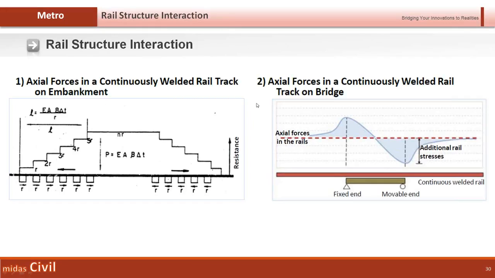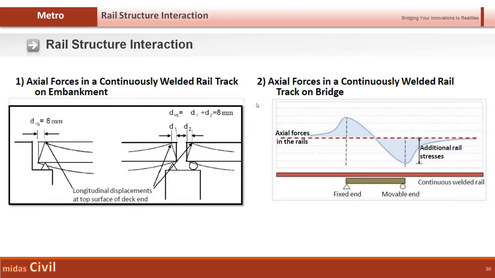To explain this graph, let's consider this. Due to temperature, the deck will try to deform in both directions, right? Due to this deformation, the rails that are connected to the deck, these are the connections to the deck, don't allow this deformation.